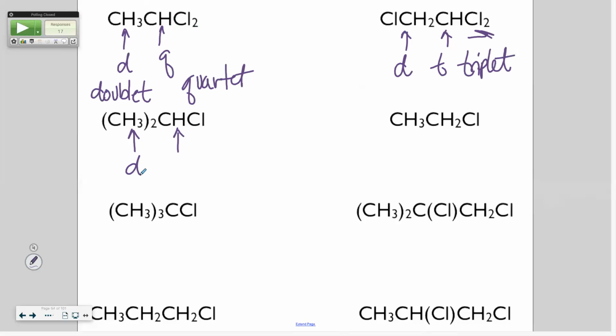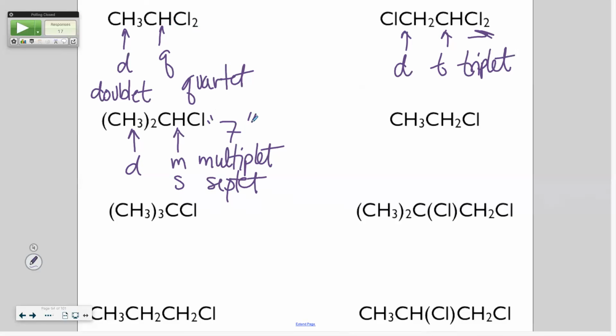A multiplet. If you have a good NMR and a crisp spectrum, you can actually count them out. How many would it be? 7. Have you heard of a septet? A septet has how many musicians in it? 7. So I'm going to put the 7 over here.